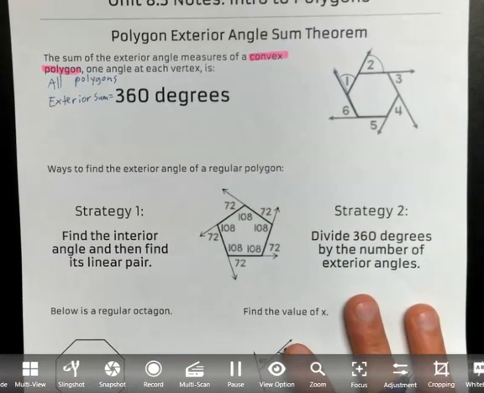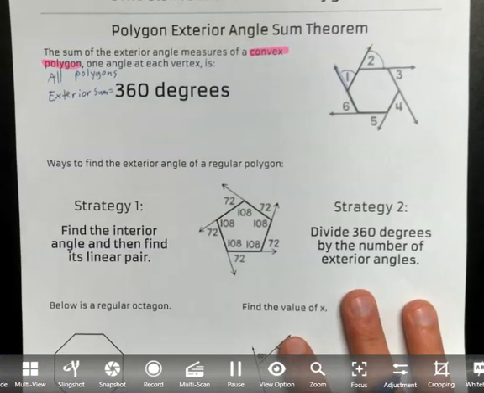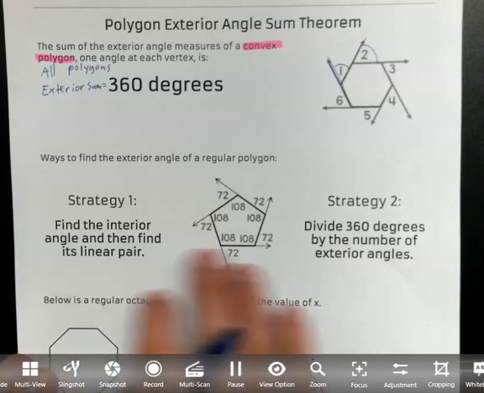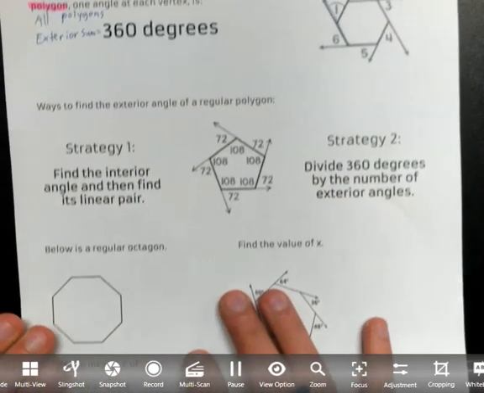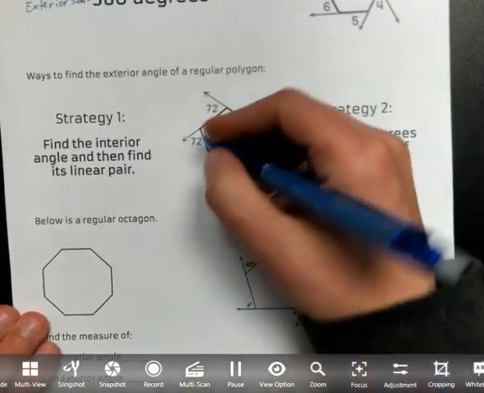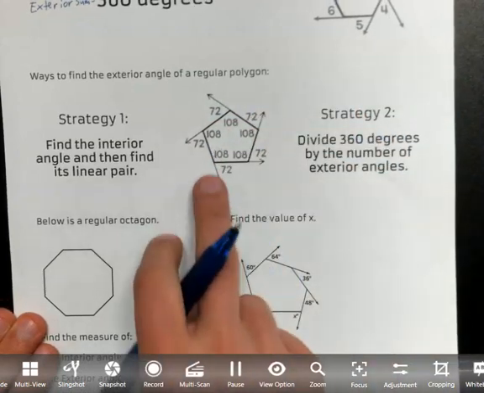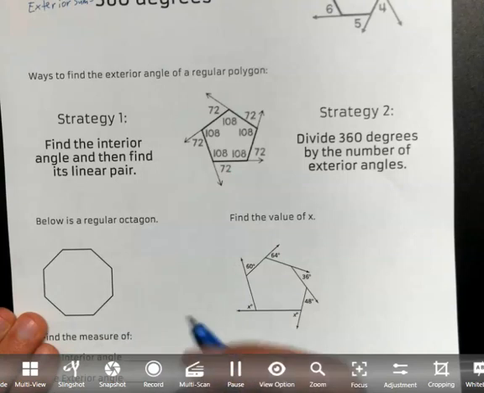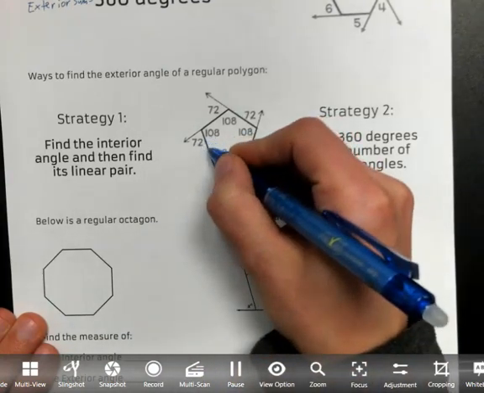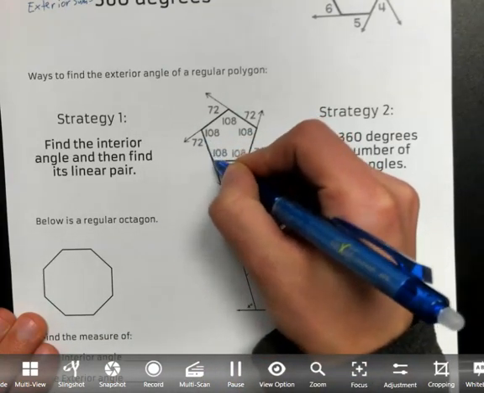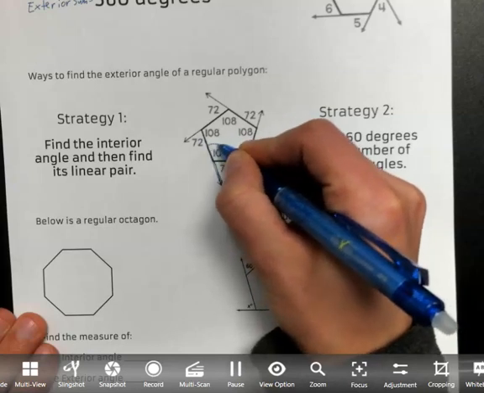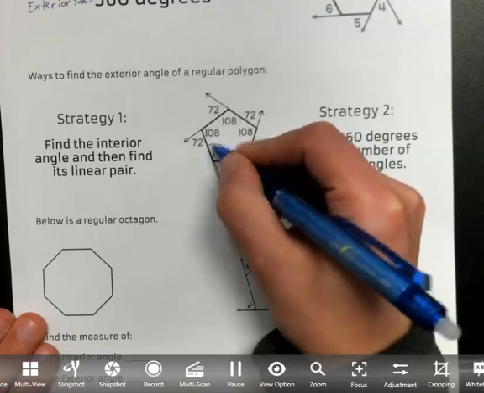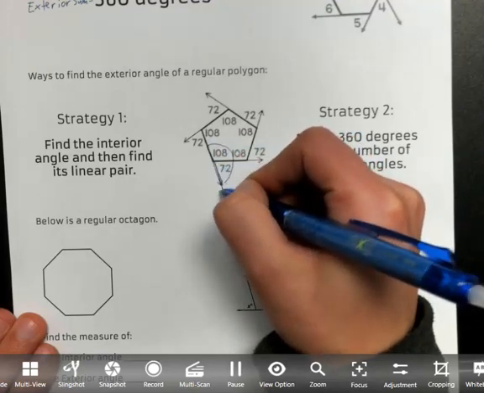All right, so let's figure out ways to find an exterior angle if we're trying to find just one angle instead of all the angles. One strategy is, if you already know what one interior angle is, then we can use that. If we draw that line to create the exterior angle, then we have a linear pair, these two angles together, because we have a straight line.